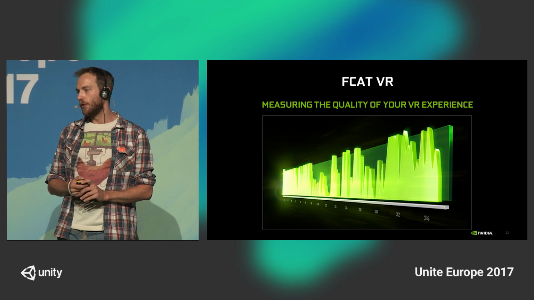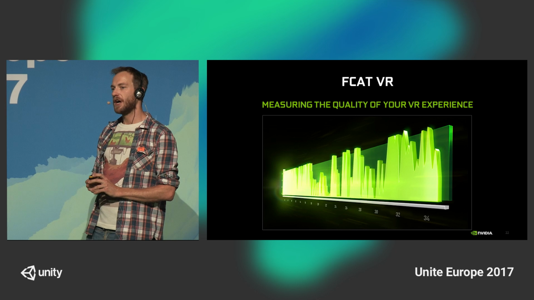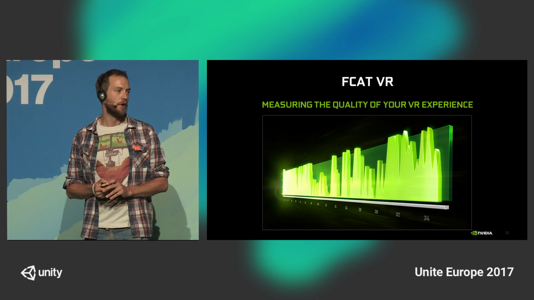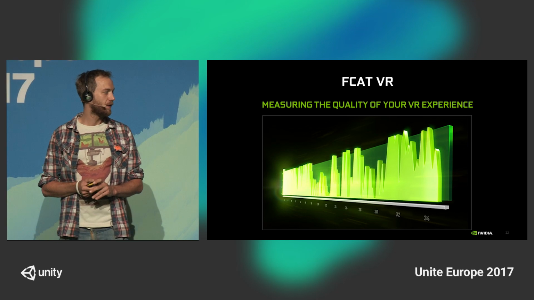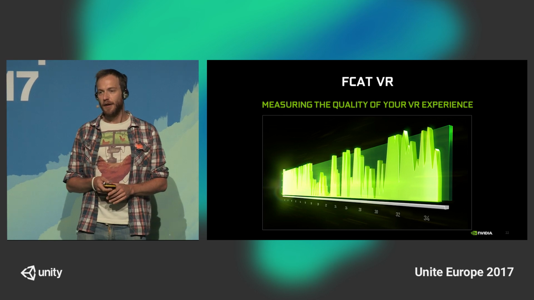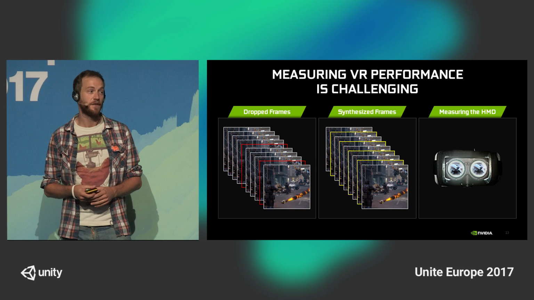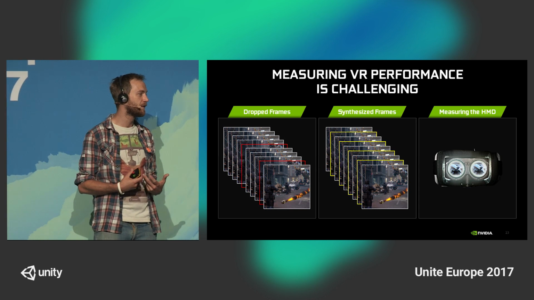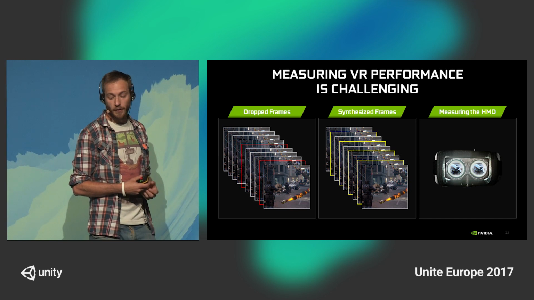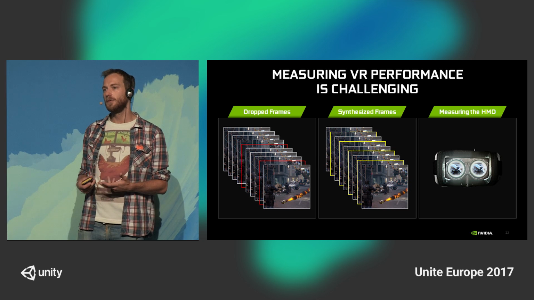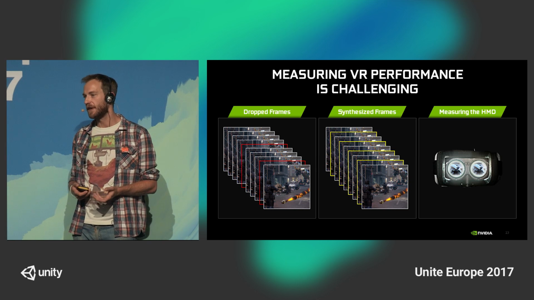One more thing that I want to show you is FCAT VR, which I think is actually really important for virtual reality development. So in VR, you want to make sure, of course, that you're not dropping frames, because that gives you a very unpleasant experience in virtual reality. And what you also don't want to do is reprojection or synthesized frames.